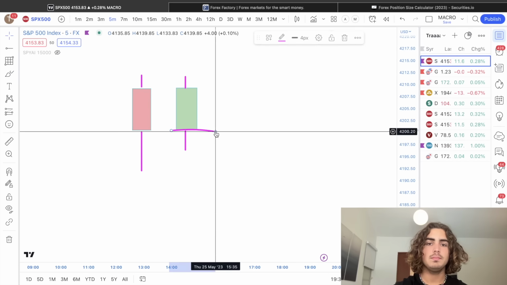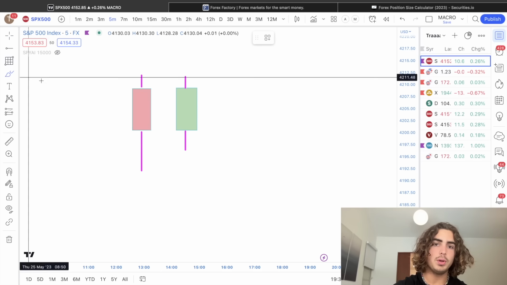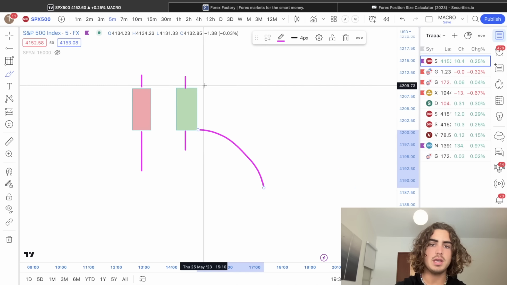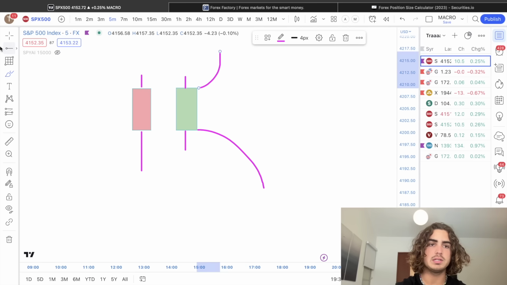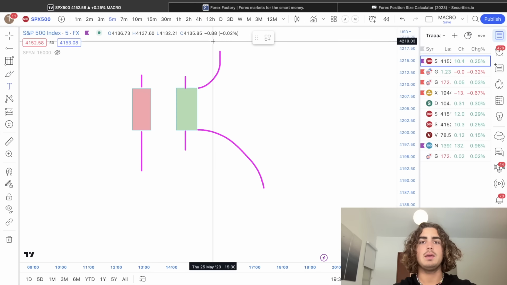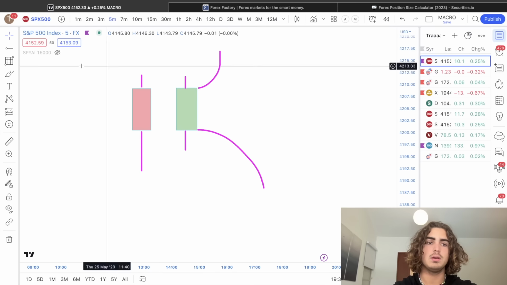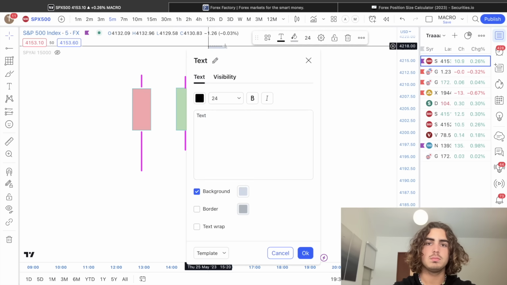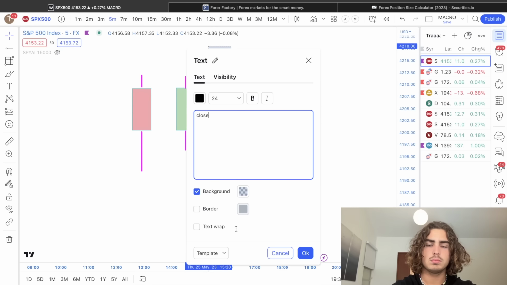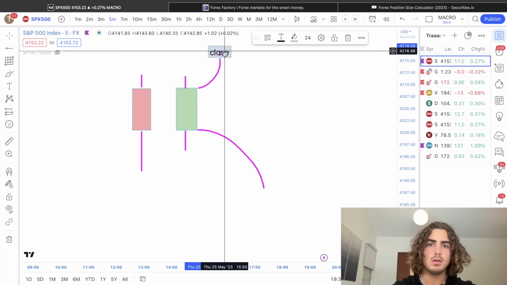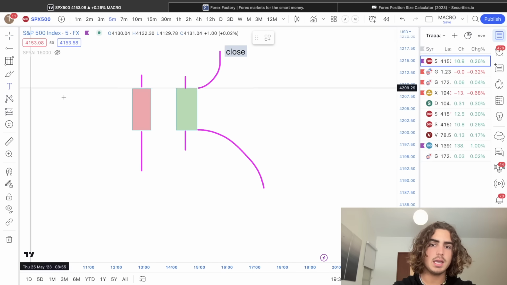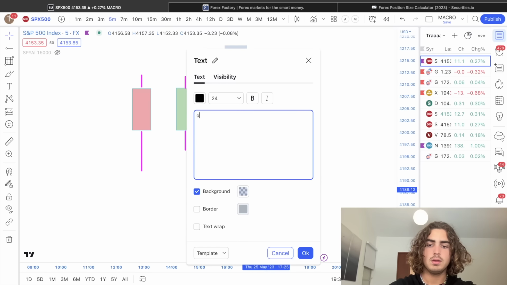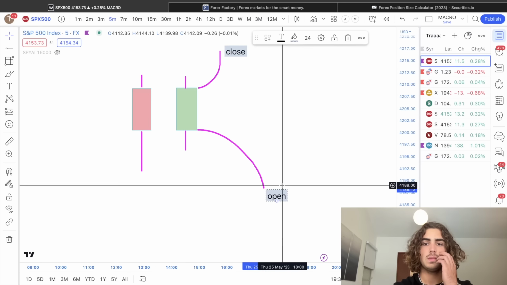So, boom, right here is the open, and boom, right here is the close. Okay, we can put this thing down. Oh, oops, shrink. The close and the open.